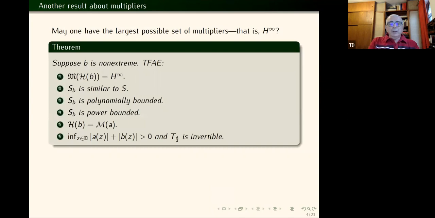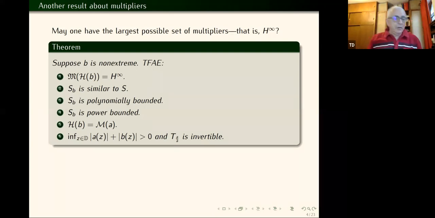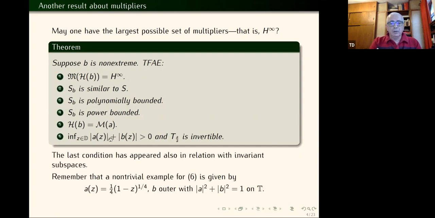Well, actually, one can precisely characterize when the multipliers are the whole of H infinity. There's a whole list of properties. Here we have condition 6, which we have already met in the context of invariant subspaces: A and B form a corona pair, and this operator is invertible.